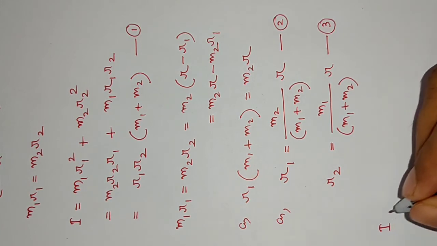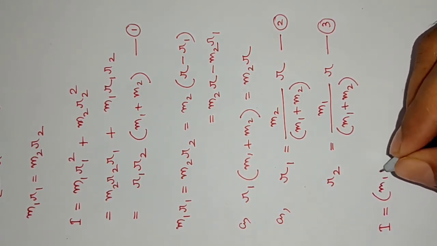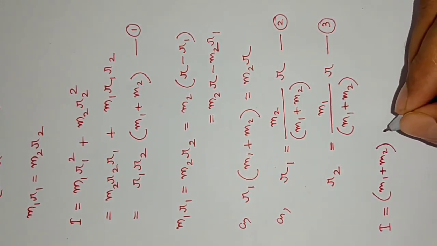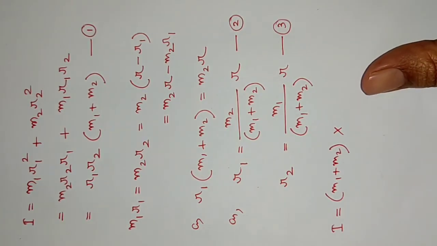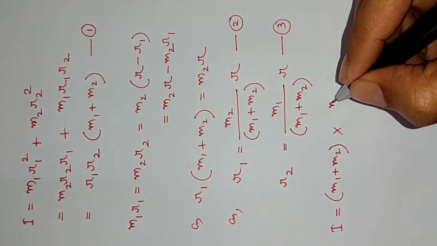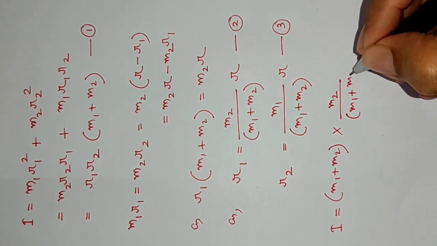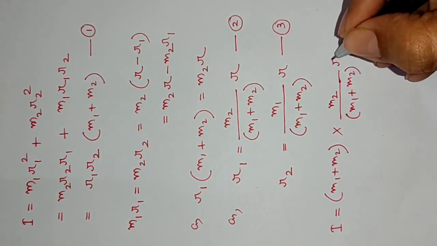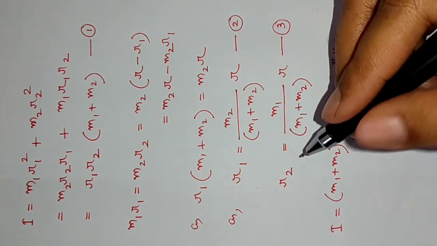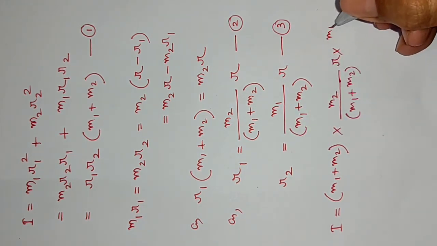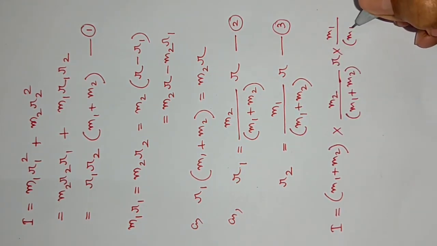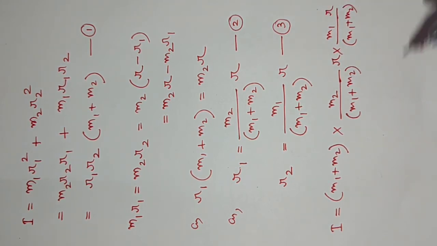So I will be m1 into r1, r1 is m2 upon m1 plus m2 into r, into r2, r2 will be m1 upon m1 plus m2 into r.